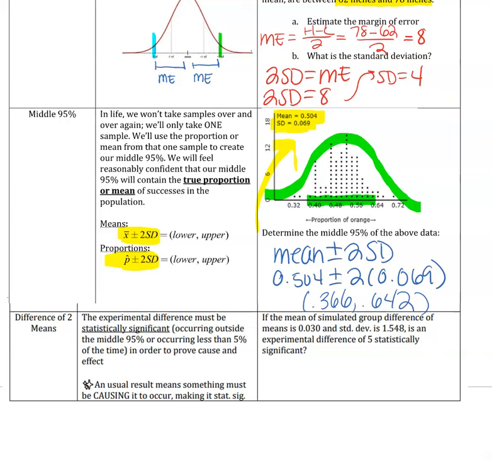Remember, anything outside of that interval is considered an unusual or rare event. So this 0.72 would be considered rare. This 0.32 would be considered rare or unusual. It does not happen very often based on random chance alone. Everything in the middle 95% is considered usual or expected.